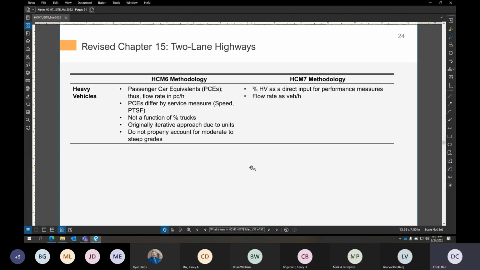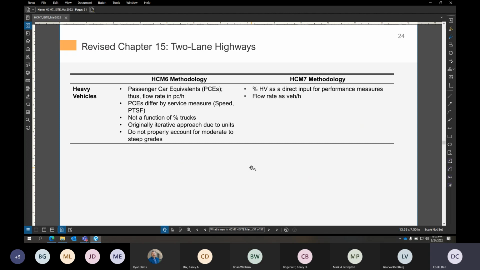There are changes in how heavy vehicles are incorporated into the methodology. If you've done two-lane highway procedures, you know that the performance is heavily dependent on heavy vehicles. The performance measures or level of service measures for two-lane highways are generally related to how often a vehicle is following another vehicle.